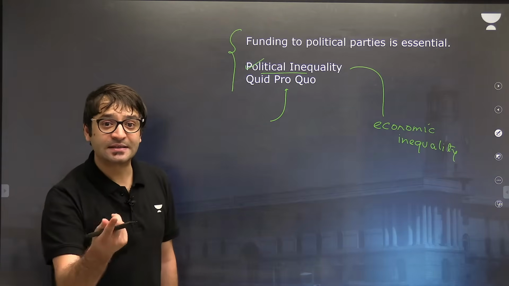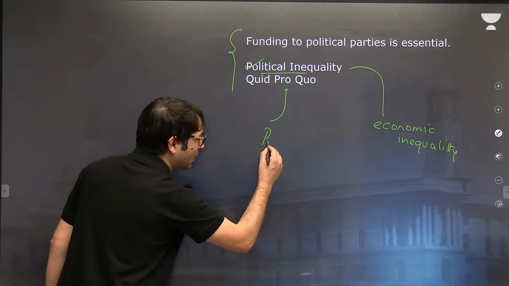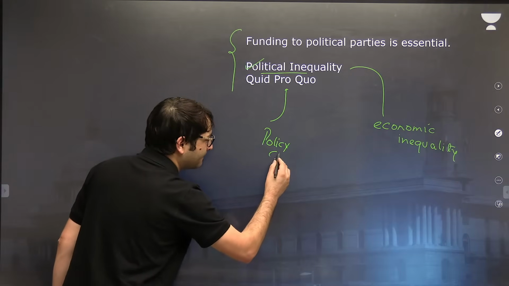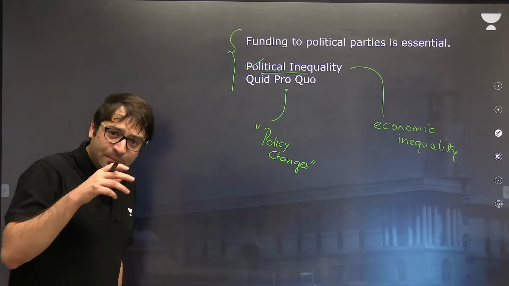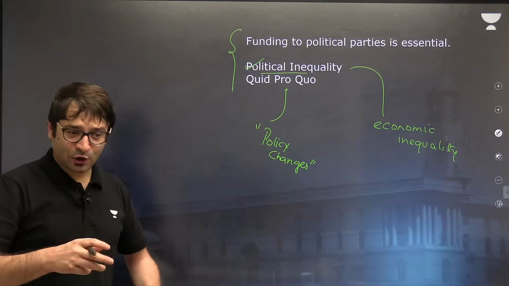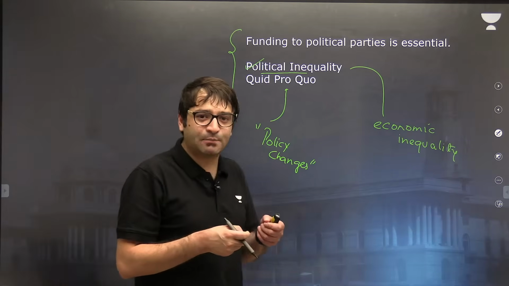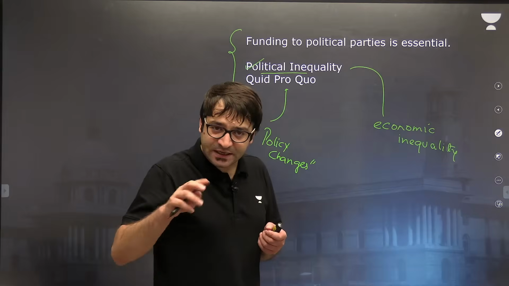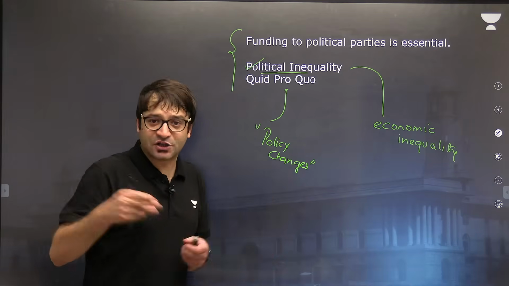In return for licenses, in return for permits, in return for policy changes. There will be policy changes because the political party to which this rich individual has donated has come to power, and is now benefiting this particular donor. So there's a quid pro quo, reciprocity.